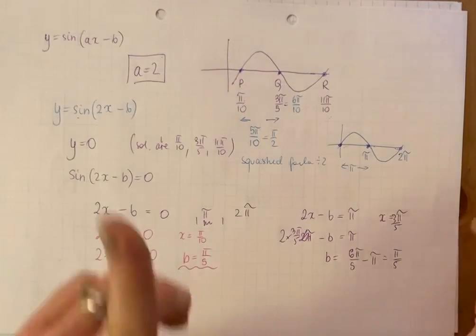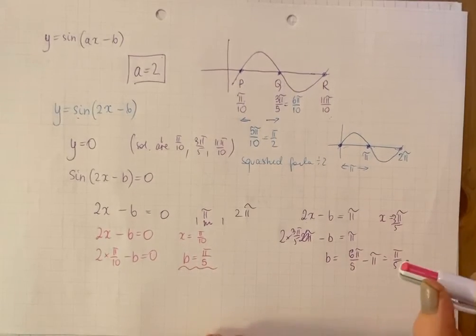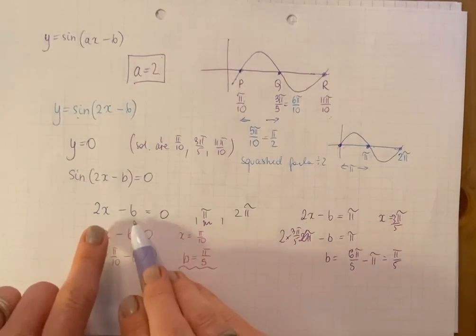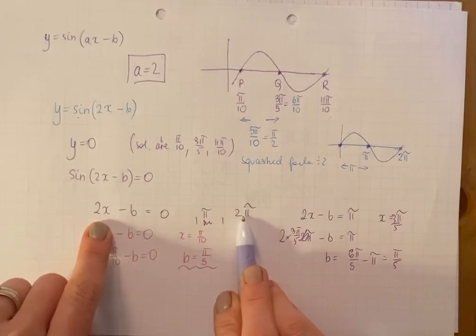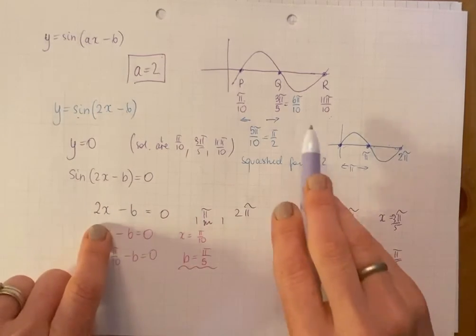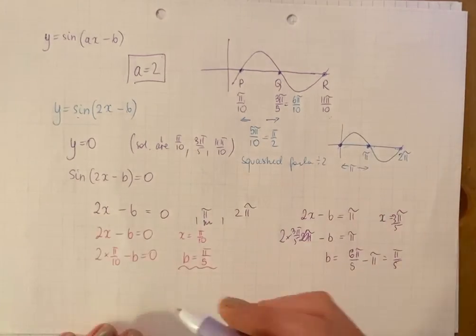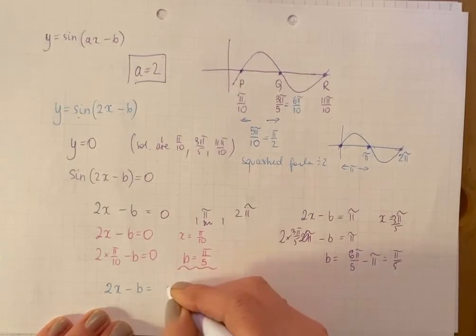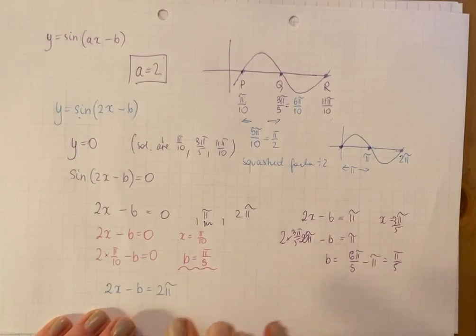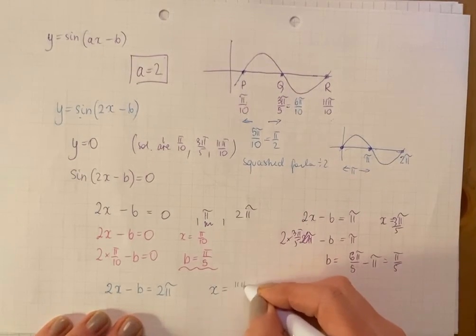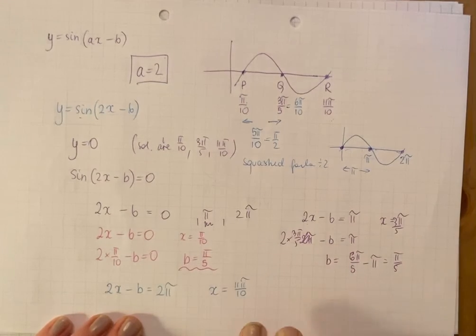Okay, so let's just triple check it. Do I get the same value if I imagine solving this equal to 2 pi, and the solution to that, if I knew what b was, would have been 11 pi over 10. So 2x minus b is equal to 2 pi. Will I get the same solution? You don't need to do it that many times, but just to confirm it.